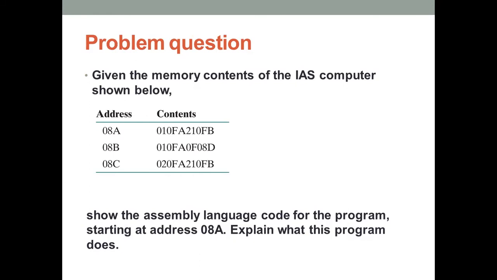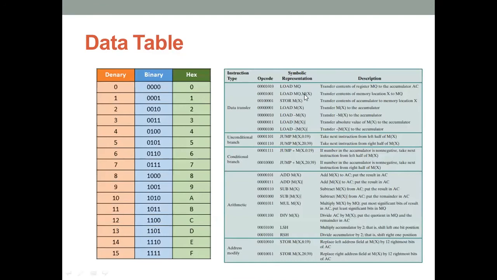Okay, and the contents, because this is computer architecture, you should know about a new table. What is that? This is the table. So what should we do about this table?